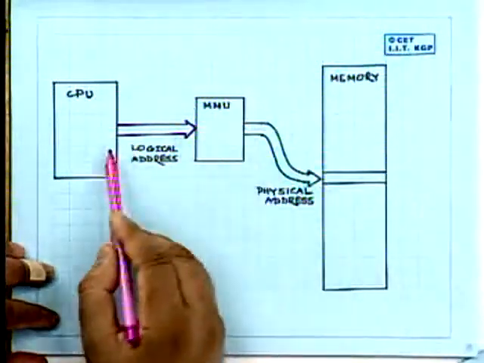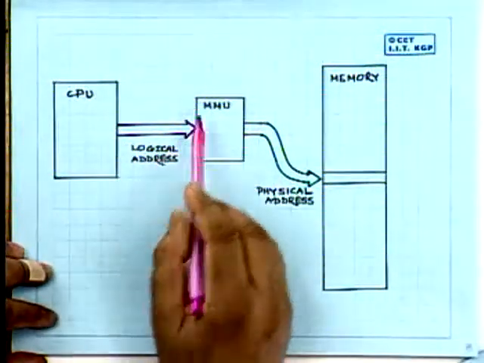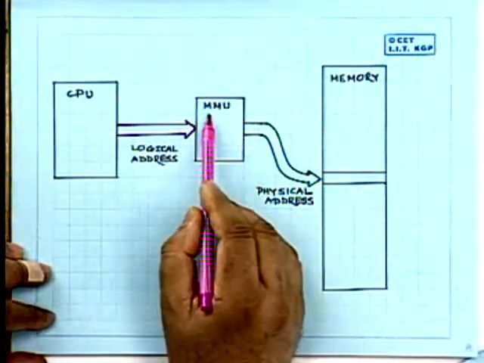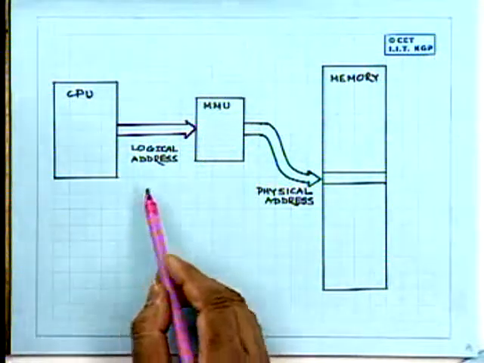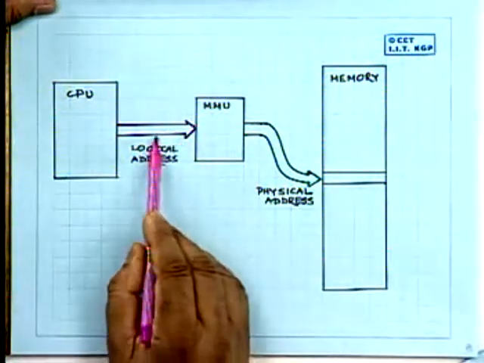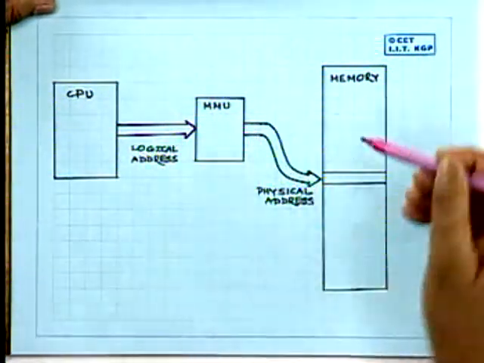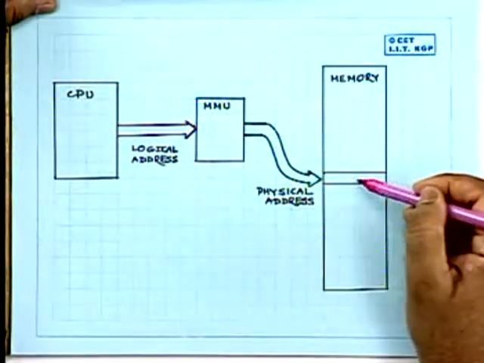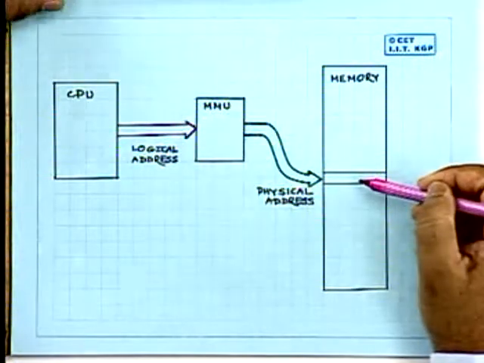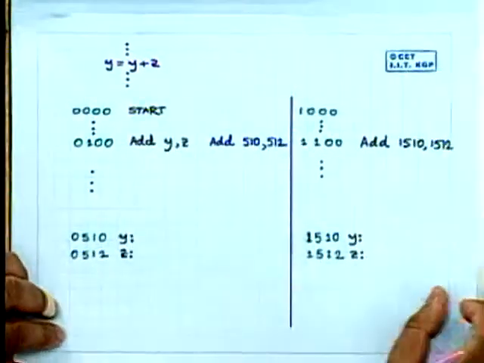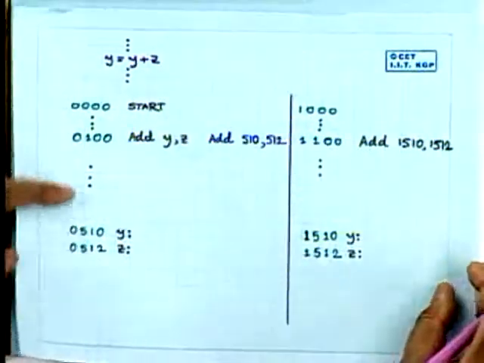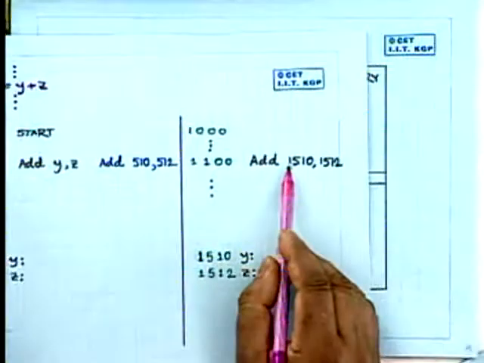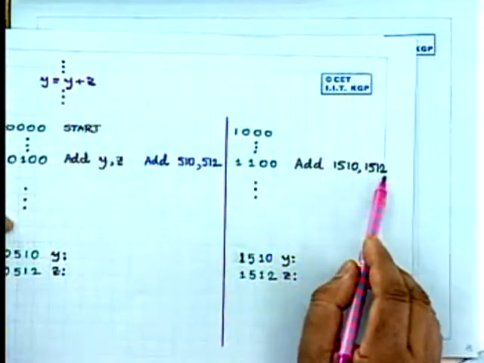As the CPU generates a logical address, we keep a memory management unit. The MMU is a memory management unit which will map this logical address into the physical address where that particular address has been relocated. That means the CPU will generate 510, 512, and the memory management unit will generate 1510 and 1512.